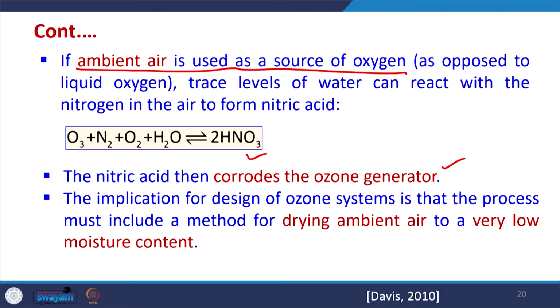The implication for the design of the ozone system is that the process must include a method of drying the ambient air before using it. So, ambient air should be free of moisture, or it should have a very low amount of moisture. Otherwise, nitric acid formation may happen and it will corrode the ozone generator system.